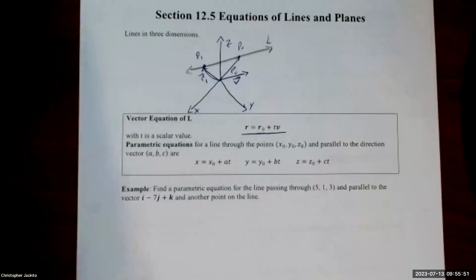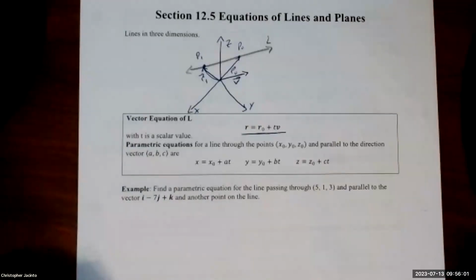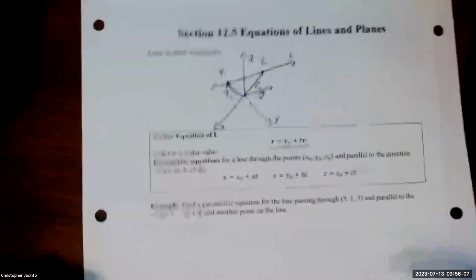Now we're going to talk about something called parametric equations. So everybody's favorite. Don't worry, we're not going to get too crazy with parametric equations until later on in the course. But a parametric equation basically means we can represent the x, y, and z components as different scalar multiples of the point.